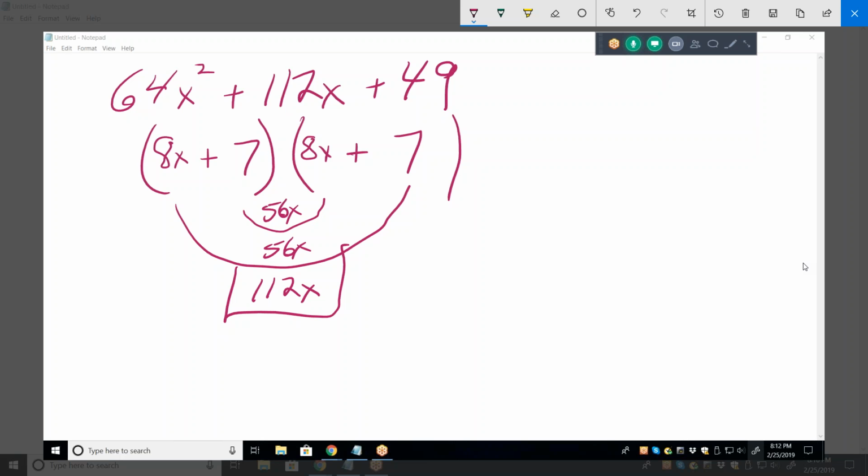There are so many different factors of 64. And then having all these factors of 49. So I'm surprised that they would give you this problem on the test. I imagine that the reason they gave it to you on the test was they wanted to see if you would try the most likely outcome.